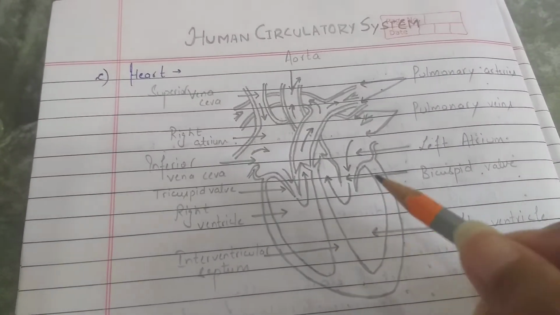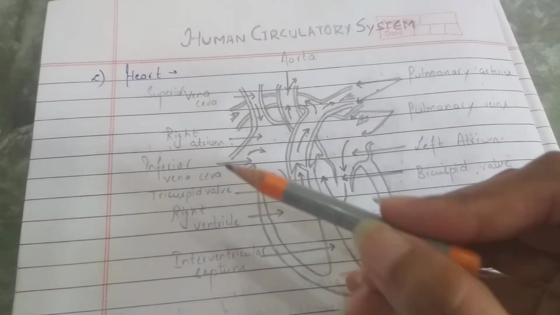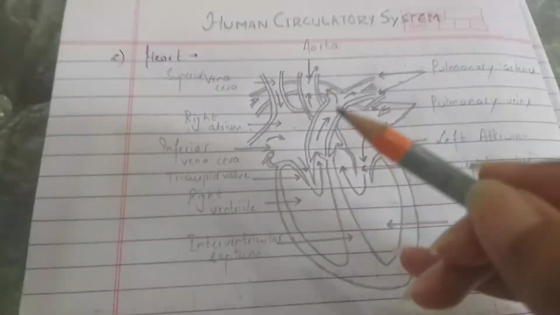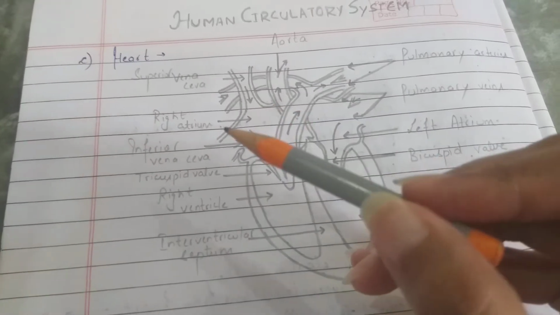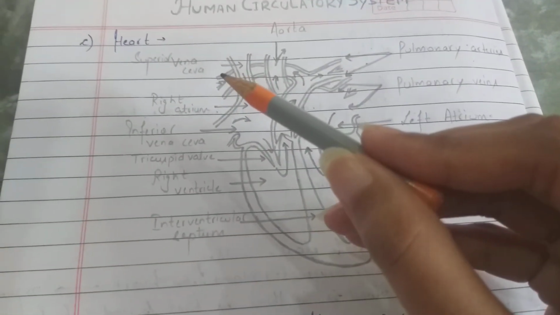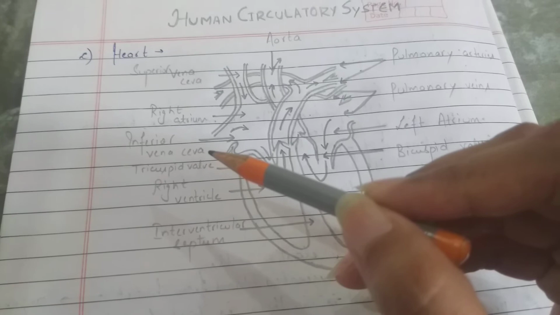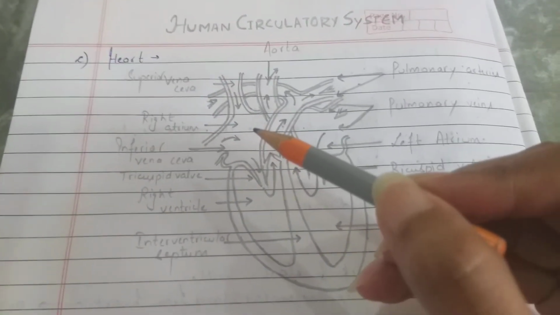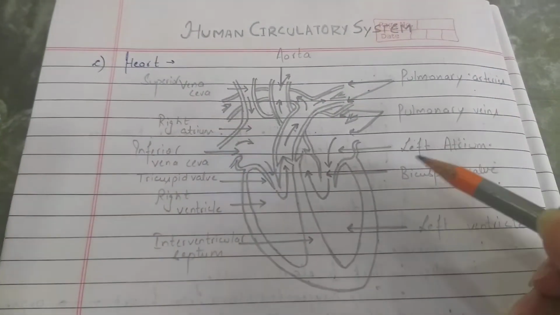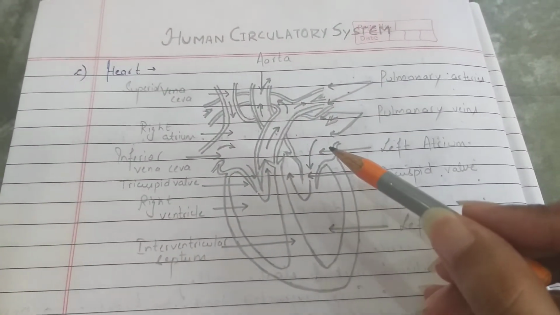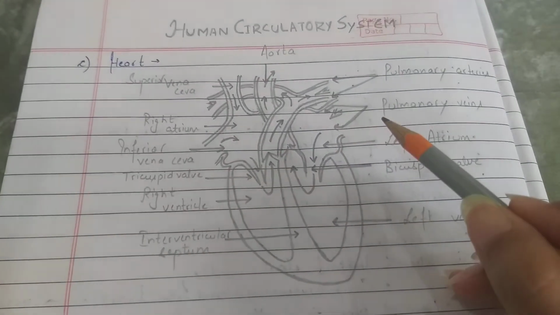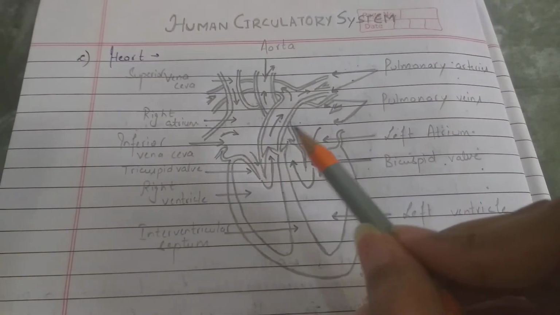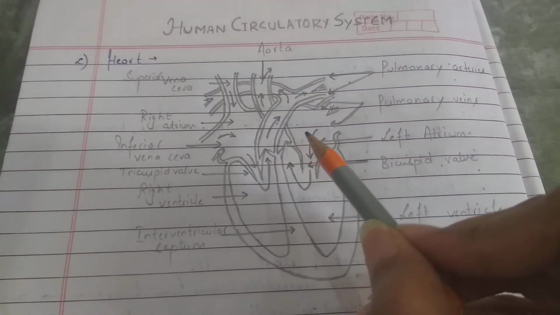At that time, the blood from the larger veins fills into the atria. That means the deoxygenated blood carried by the superior vena cava and the inferior vena cava is brought into the right atrium, and the left atrium receives the oxygenated blood carried by the pulmonary veins. Then both these atria contract.